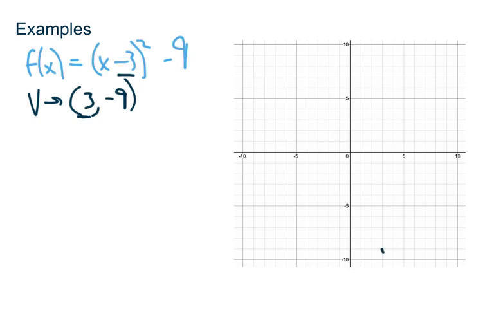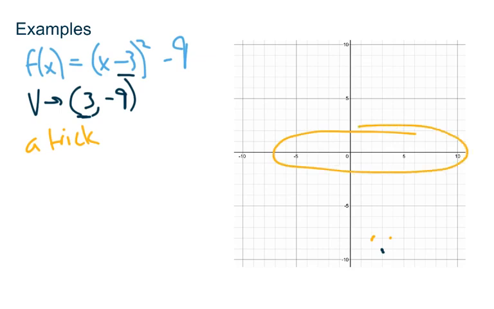That's my vertex. Now, find some other points. Well, I can do the a trick, but that doesn't do me too much good. If we can, we want to be as precise as possible on the x-axis. We don't want to just sketch loosely, because that could give two very different lines, and the line is supposed to be a picture of our solution.